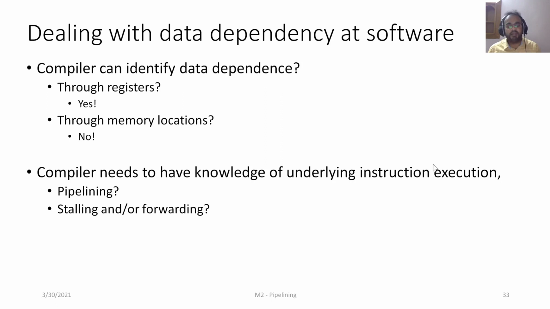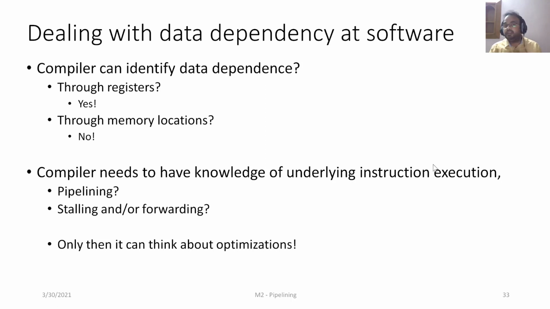So if I want a simple pipeline which does not take much area or power, right, I'll just discard all these optimizations and say I'm giving the complete job of making sure that dependency among instructions is handled by the software. Then the entire onus will be on the compiler.